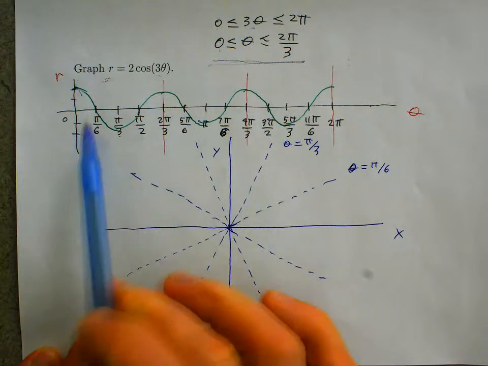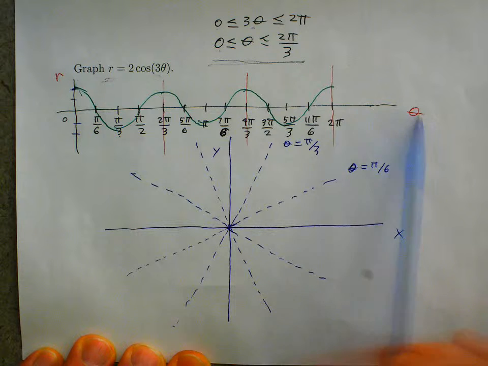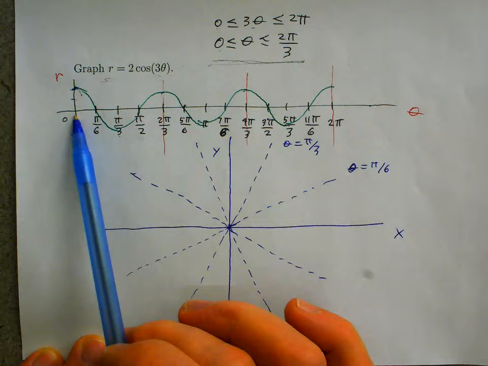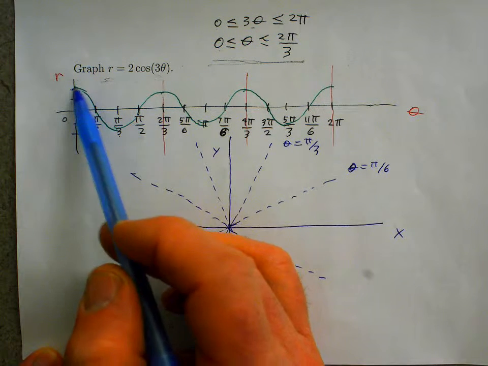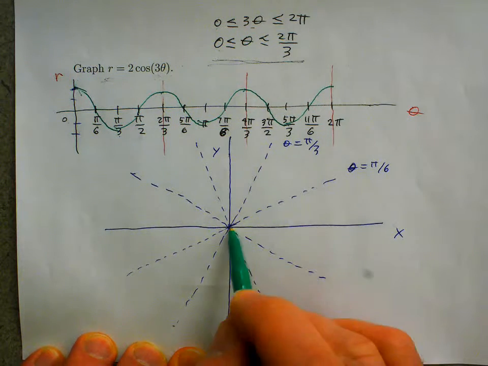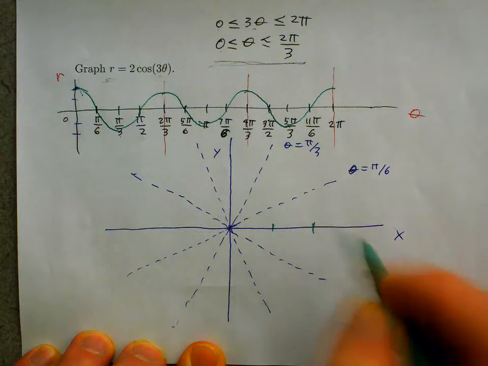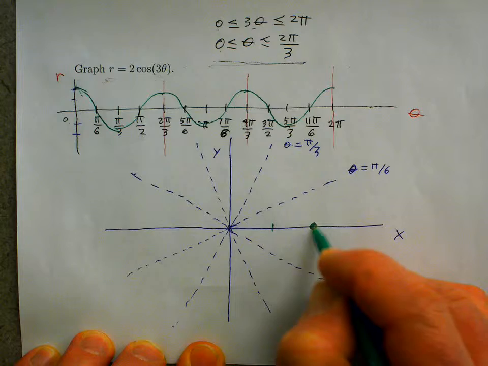Okay, so from the Cartesian graph of r versus theta, when theta equals 0, the r value is 2. So when theta is 0, r is 2. So this is a point on the graph.